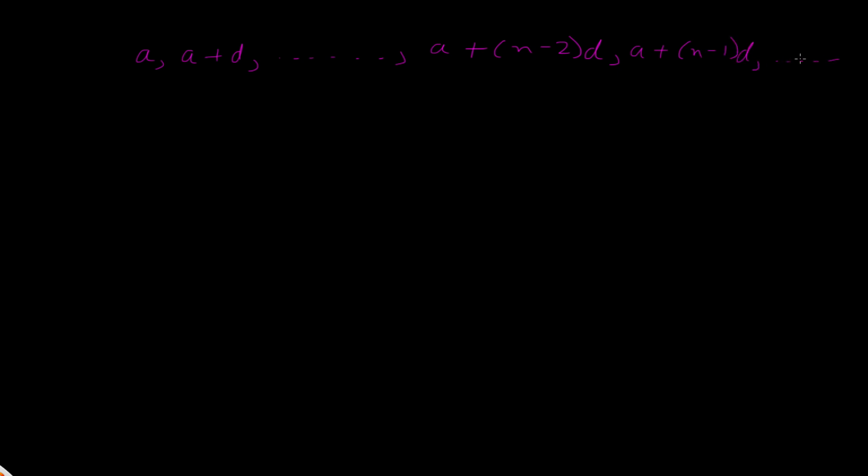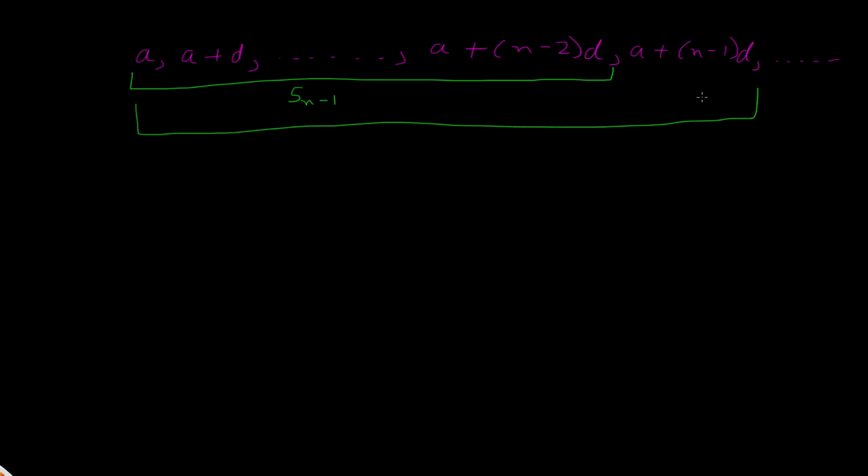Now let's say we know the sum of the first n minus 1 terms, that is, we know S n minus 1. We also know the sum of the first n terms, and we want to find the nth term. Can we do this? Yes.